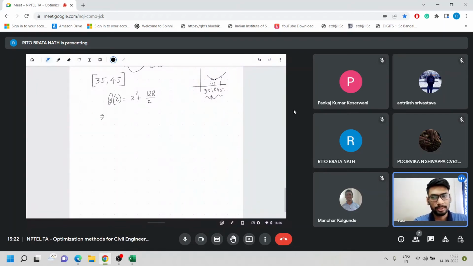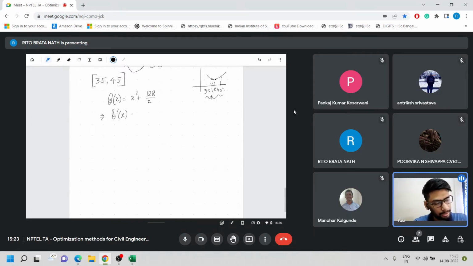Since it's pretty easy to derive the first and second derivatives in this case, it's not required that you use this bracketing method. It's only for functions where we cannot, but for understanding purposes, I have given you this easy example.